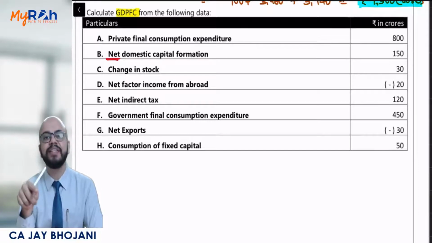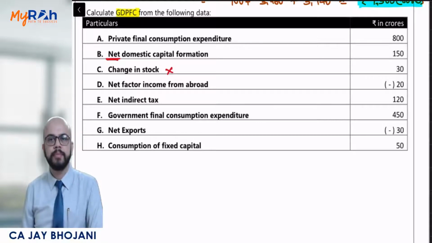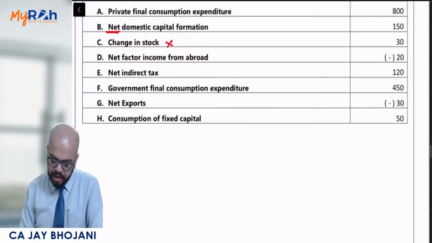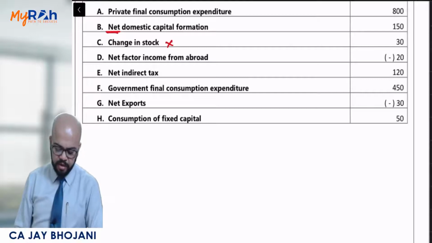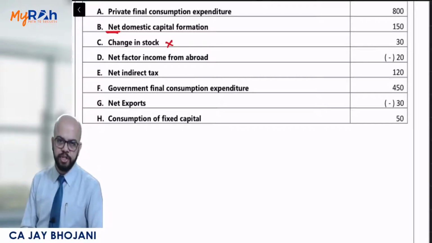So it's already there in GDCF. So this information is not necessary. Okay. Next comes NFIA, then net indirect taxes, government final consumption expenditure, that is GFCE, okay, net exports, and consumption of fixed capital. Now from the data given, I believe we will be required to use expenditure method.